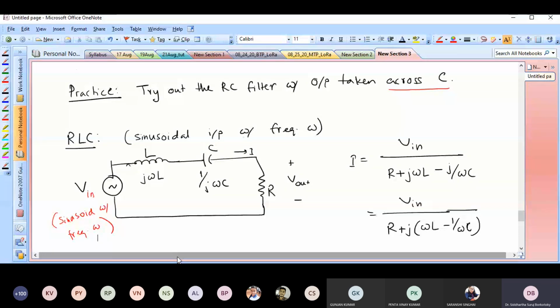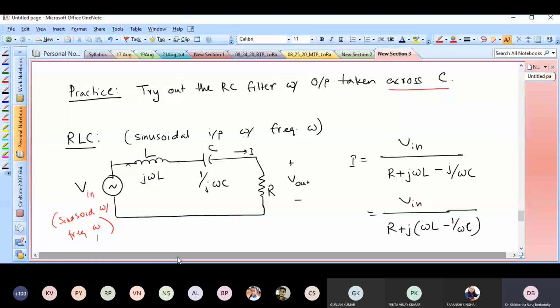But the entire idea behind Fourier transforms is that you can take any arbitrary signal and express it as a sum of sinusoids. If you have a square wave, you can express it as a sum of sinusoids. If you have a triangular wave, you can express it as a sum of sinusoids. Any arbitrary signal can be expressed as a sum of sinusoids with varying amplitudes and different frequencies, so you'll have some sine omega 1t plus sine omega 2t plus cos omega 1t, cos omega 2t, something like that.